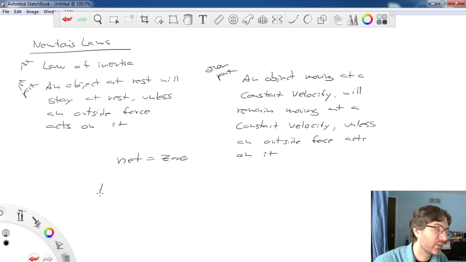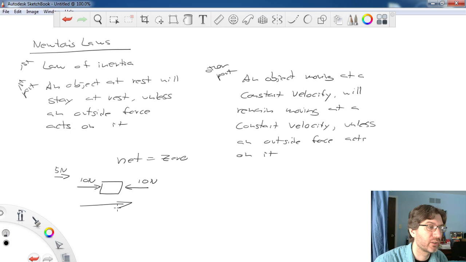I could have a box that has, hey, I'm forcing it in this direction and this direction of 10 newtons and 10 newtons. They will cancel out. It will stay at rest. It's not going anywhere. The only way it will start moving is if I add another force over here. That's because of Newton's first law, object at rest.